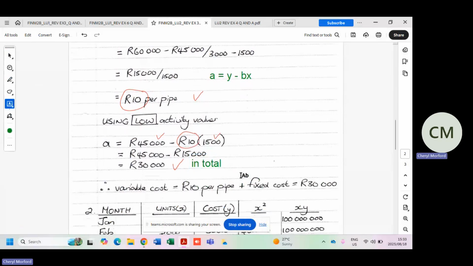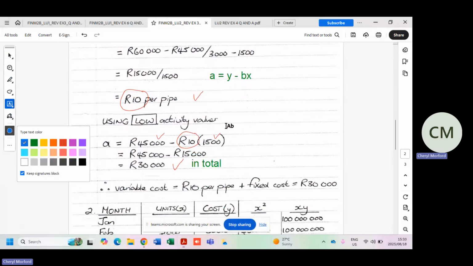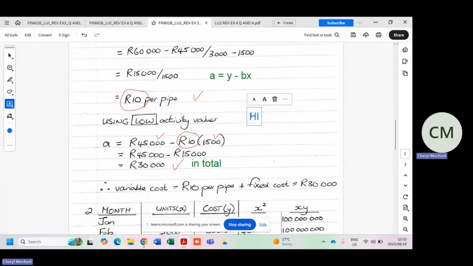What happens if you rather wanted to use the high values? Let's actually do that then, should we? If we're going to use the high values, we are then going to say that A is equal to, what was our high cost? I think it was 60,000.